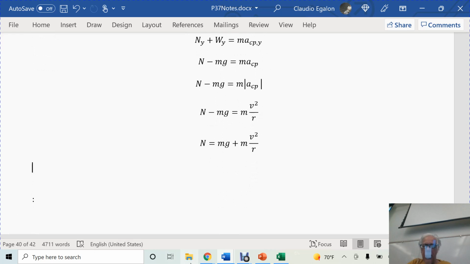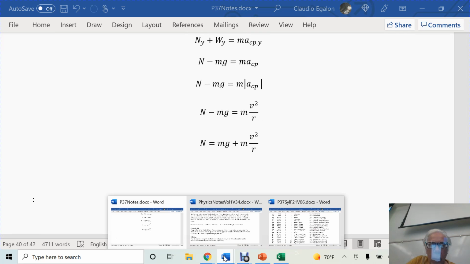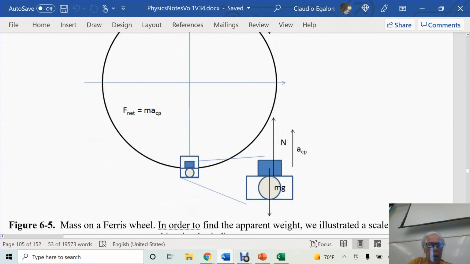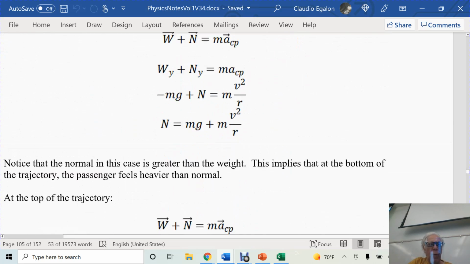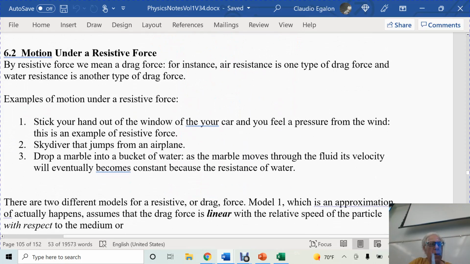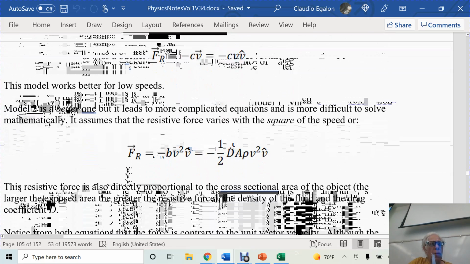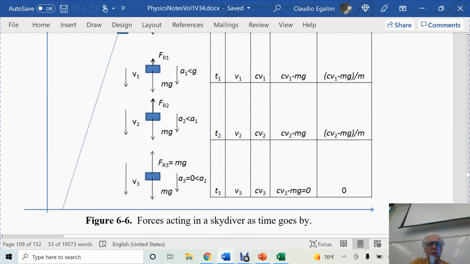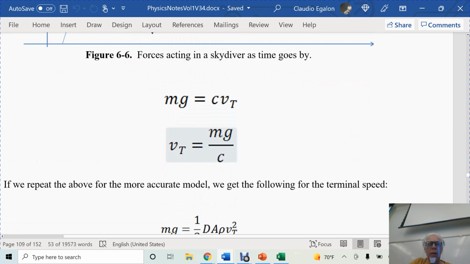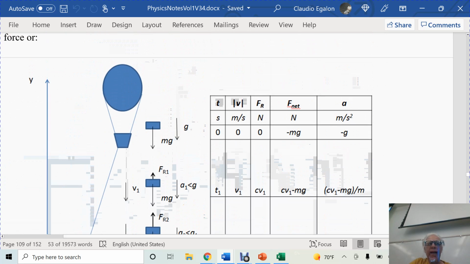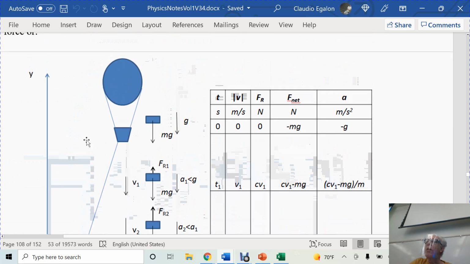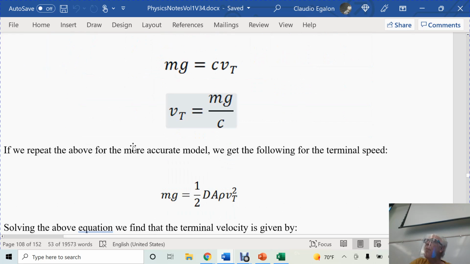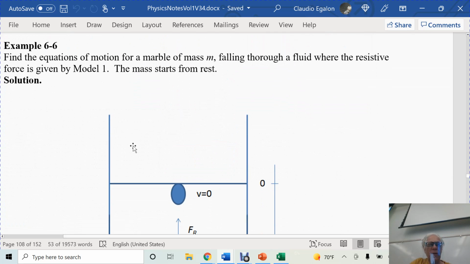I want to do one more problem here so we can move on to the next topic. That's the apparent weight problem. Motion on the skydiver problem: I'm not going to do that, but everything is spelled out in detail, so you can do it by yourself. If you're jumping from an airplane or from a static balloon, what happens to your speed as time goes by?